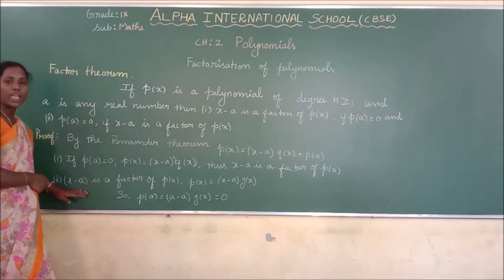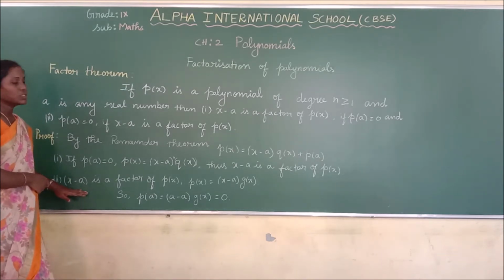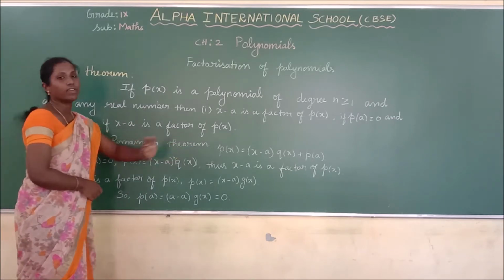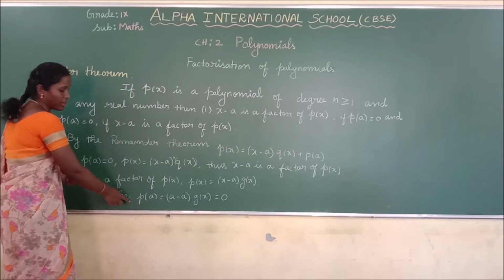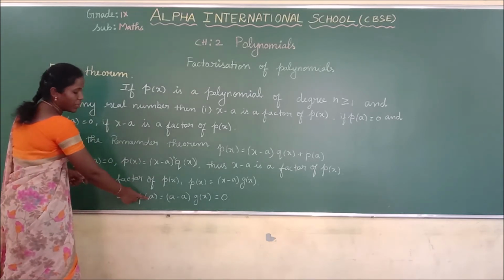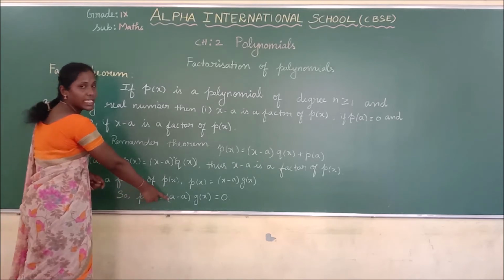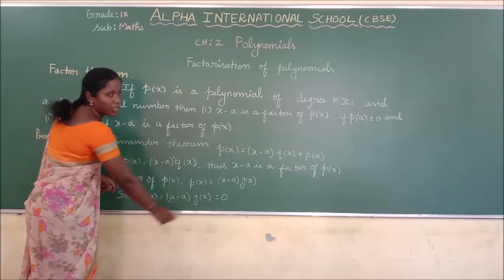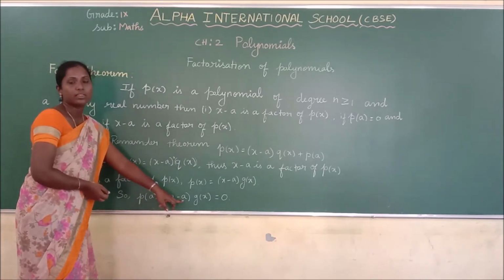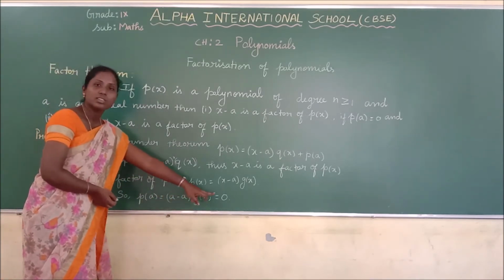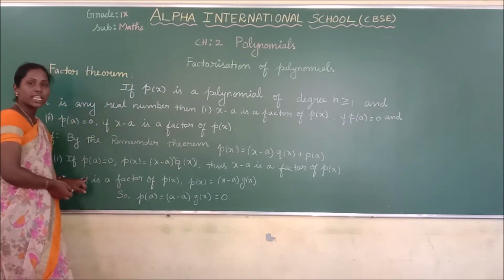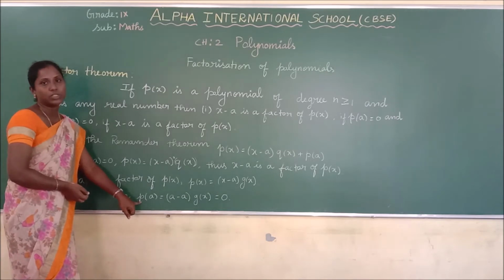So the zero of x minus a is a. We substitute x equal to a in the given equation. So p of a is equal to a minus a into q of a, where q of x may be any polynomial. What is a minus a? 0. 0 into any number is 0. So finally we got p of a equal to 0. So if x minus a is a factor, then p of a equals 0.